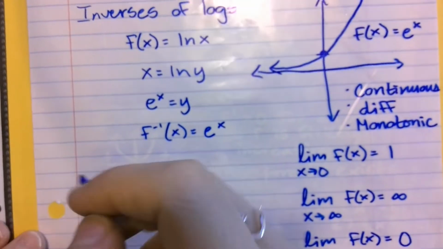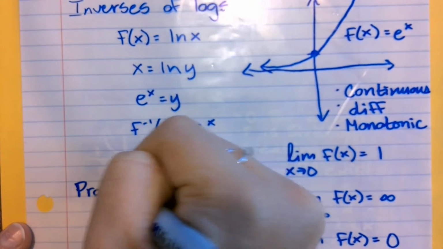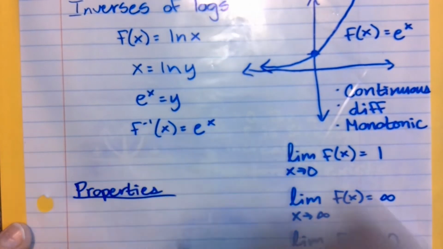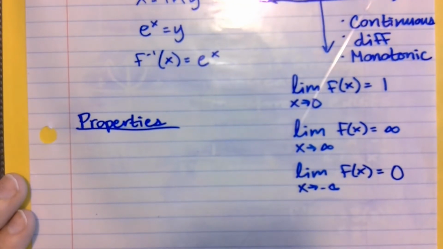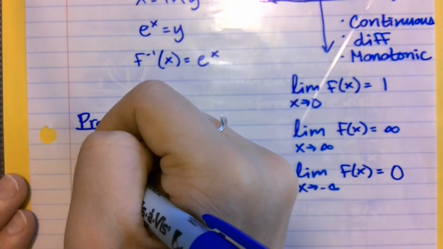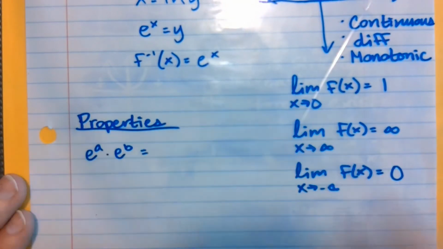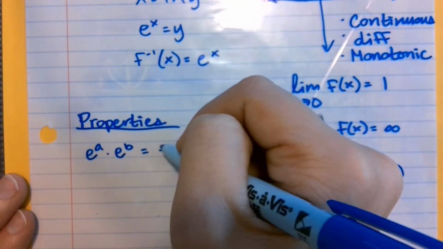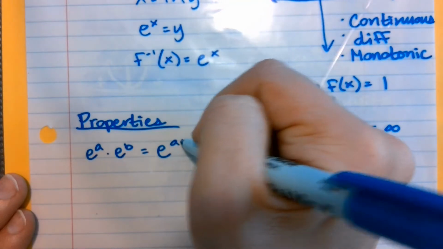Some other properties that might come into play, and we talked about these a little bit with logs because they are inverses of exponentials, so they act quite a bit the same. But just knowing that if I have e raised to the a times e raised to the b, if I'm combining these, or more likely I'm expanding them, but if I'm combining them, then that means I'm adding a and b.